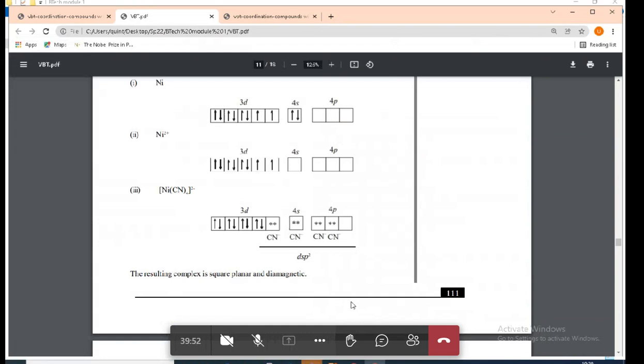They say that we are sharing it, but the sharing is just enough for the metal ion to become electrically neutral. Most of the time, the electrons stay with the ligand itself, with the nitrogen or the oxygen or the fluoride, whichever it is.